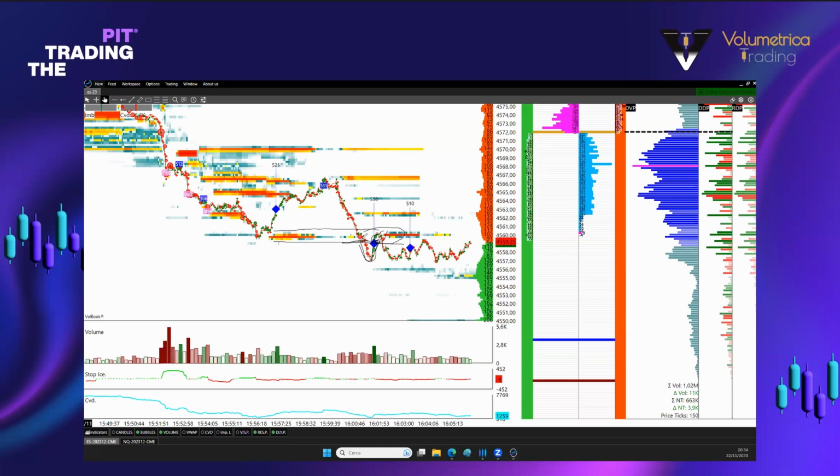Because if you think about that, I'm going to draw it for you so it can be easily understood. Let's assume I have a liquidity level here. No, that's not visible. Let's make it red. I have a liquidity here.